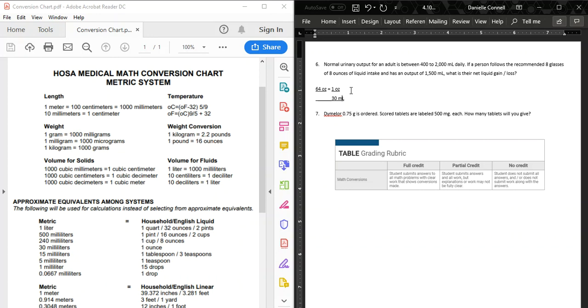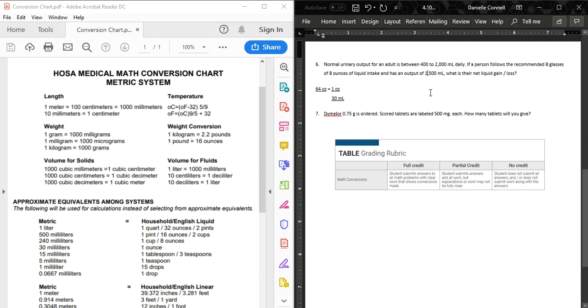If you cross multiply and divide, 64 times 30, obviously divided by 1, is going to be the same as 64 times 30. Whatever number you get, you need to subtract from 1500. Remember, the liquid output is 1500 milliliters.